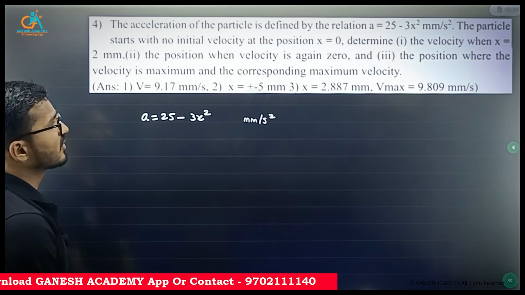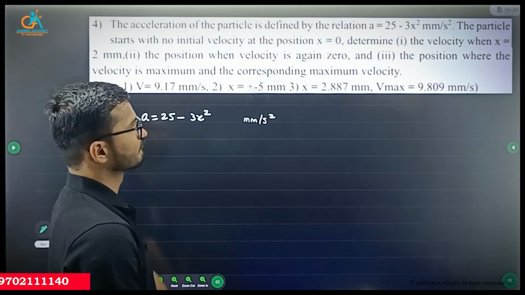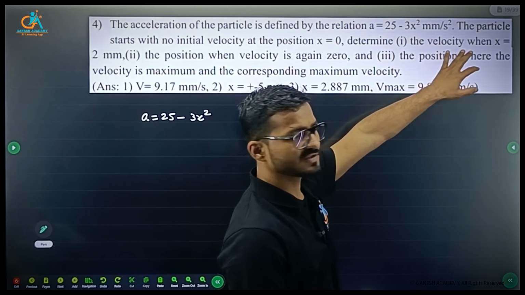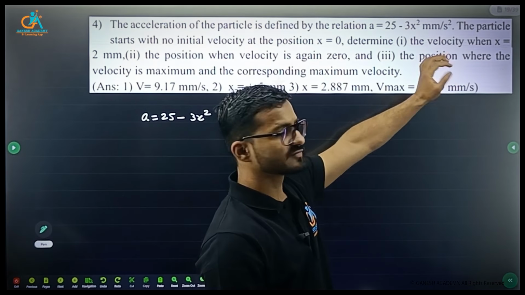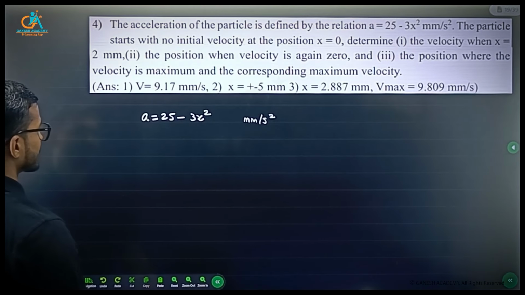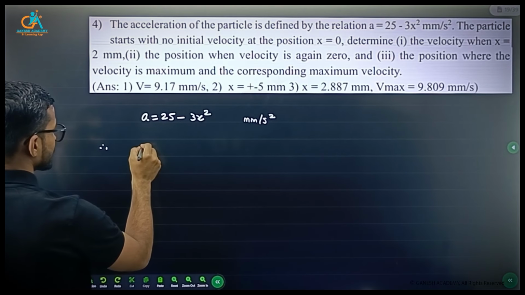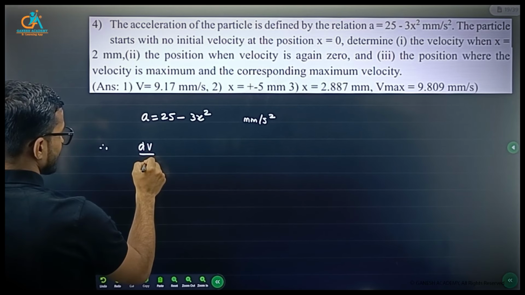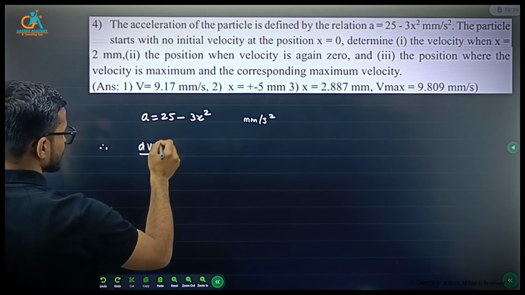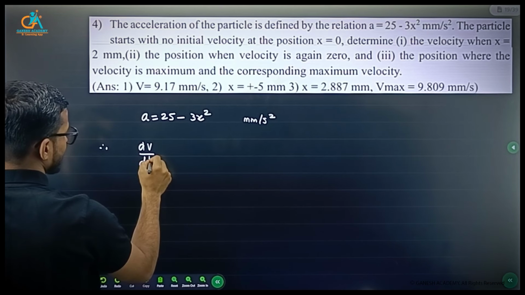So obviously, first of all, we have to find the velocity function and the position function, but the acceleration function is given as a function of x. So can we use this formula?